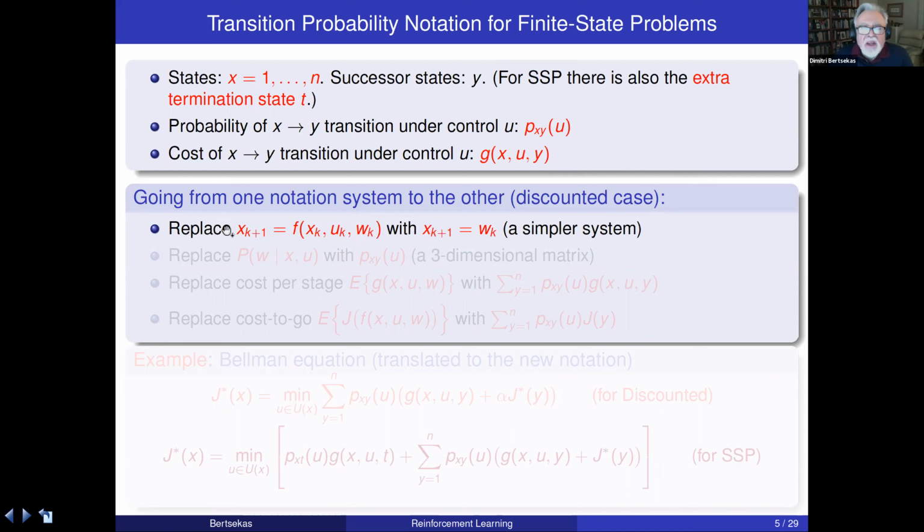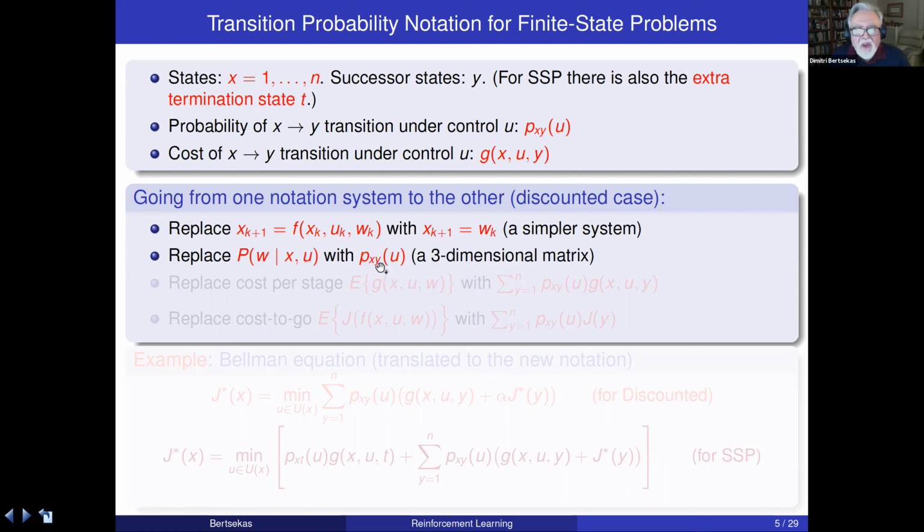And the mnemonic here, to go from one notation to the other, is to think in the new notation as this being the new system. All the uncertainty is encoded in w_k through its probability distribution. So in the new system, we replace this transition equation with this type of transition equation. And we replace the distribution of w given x and u with the transition probability.